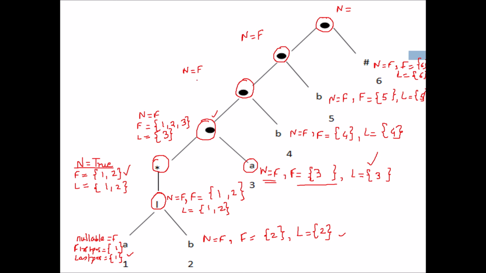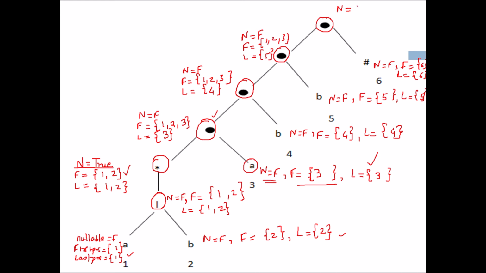Similarly, if we compute the values here, we will get the first pos value as 1, 2, 3. Last pos value will be 4 here. For this node, we'll get first pos as 1, 2, 3, last pos as 5.